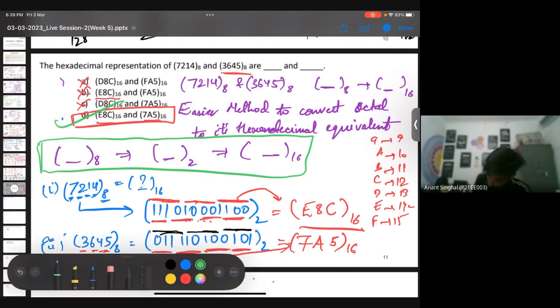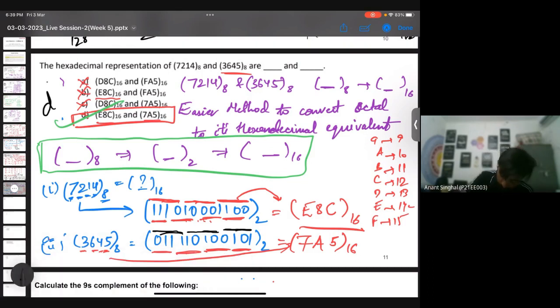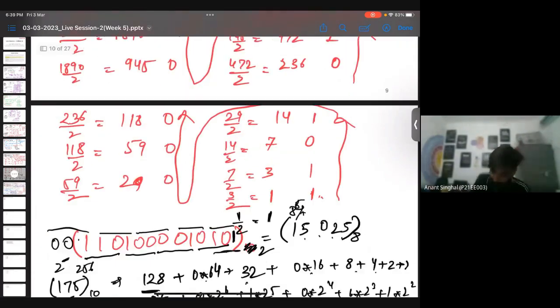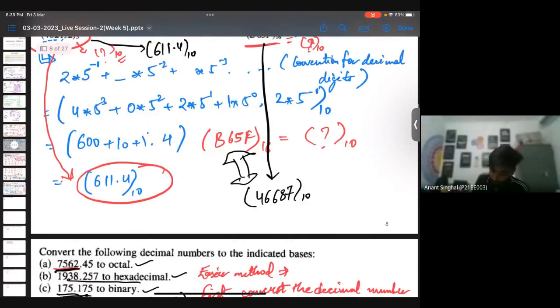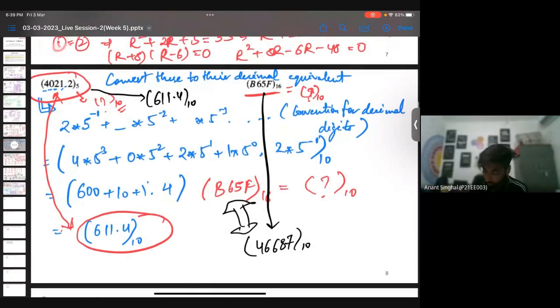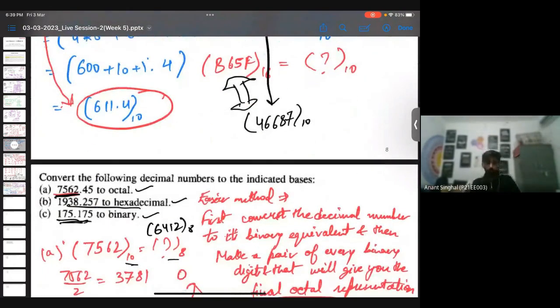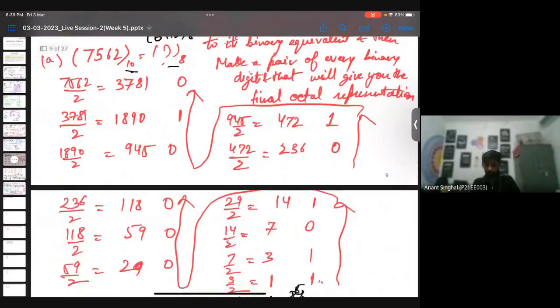This does not have any options. This was for the basic understanding of how to convert numbers to different bases.